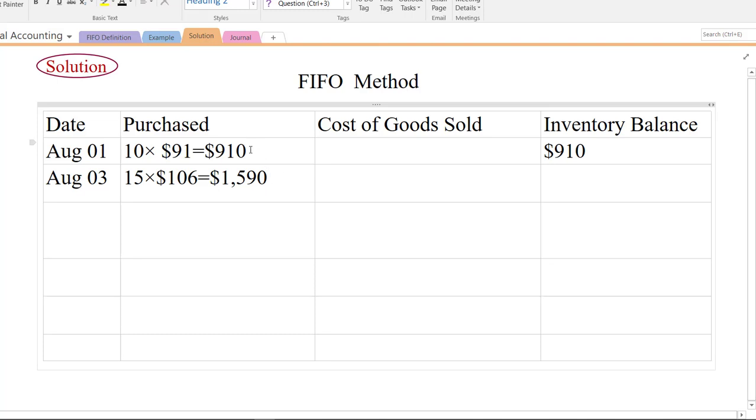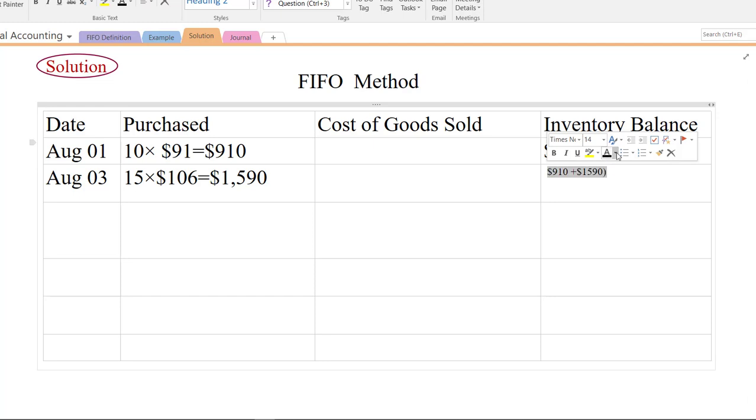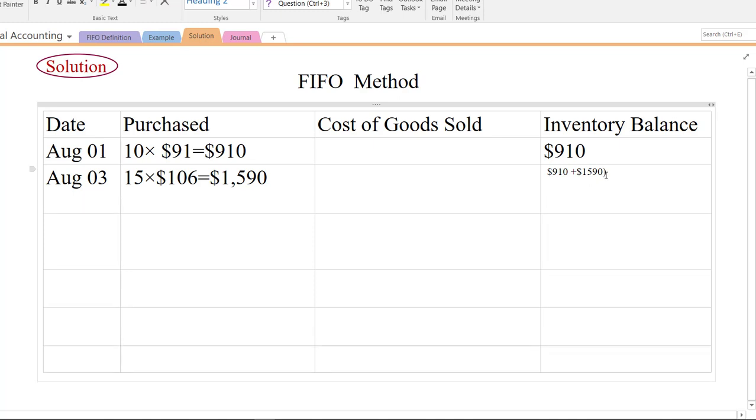So now we have to add both of them, right? 910 plus 1,590. This is, students, the working note which we have. So we are going to add the total of it, that how much it is.